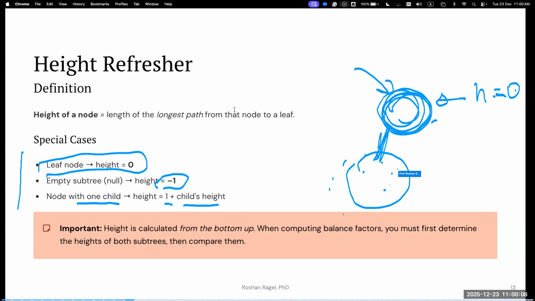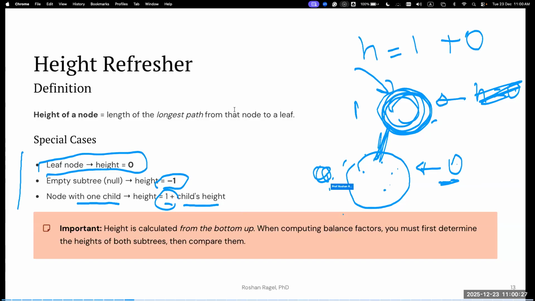So the height of the child here, this is a leaf, and therefore the height of this is 0. And therefore the height of this is going to be height of this, which is 0, plus the 1. It's just mathematically saying where this is the height, right? So basically the height of this is 1 and height of this is 0. Right? So if we have one child, it's going to be 1.